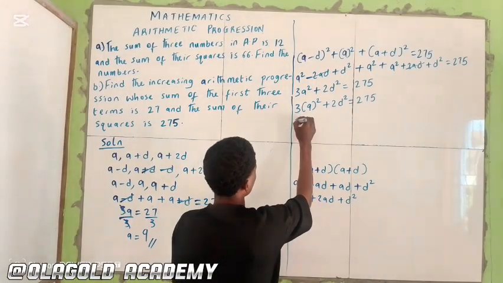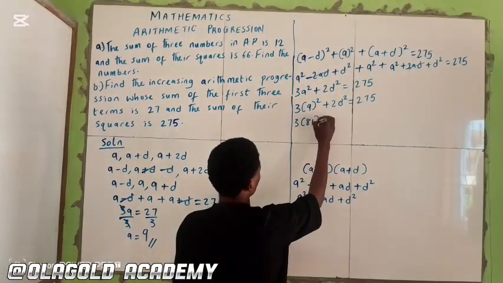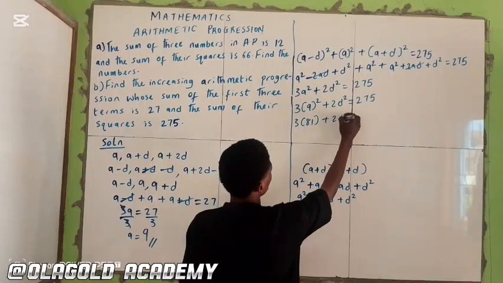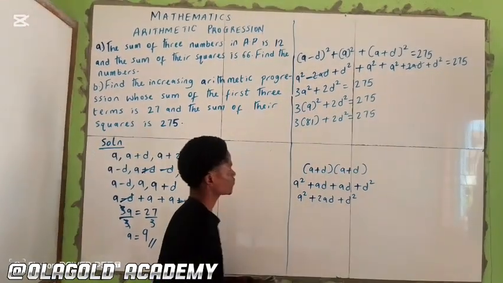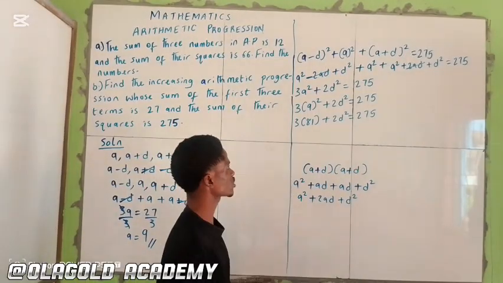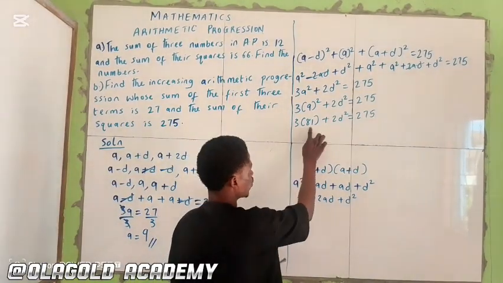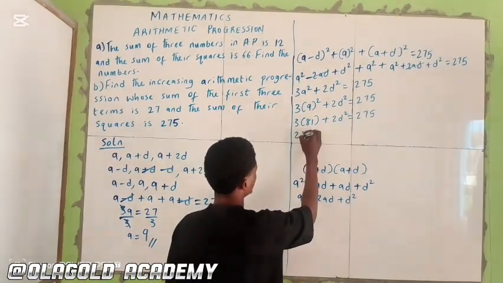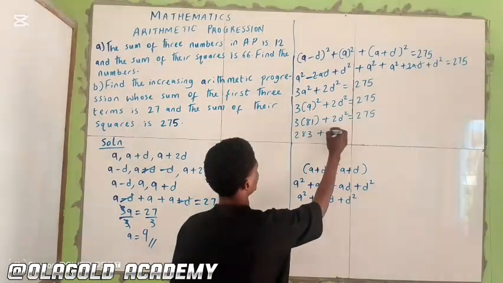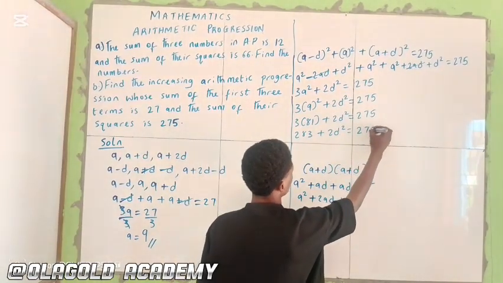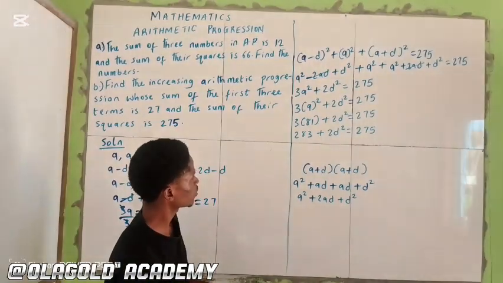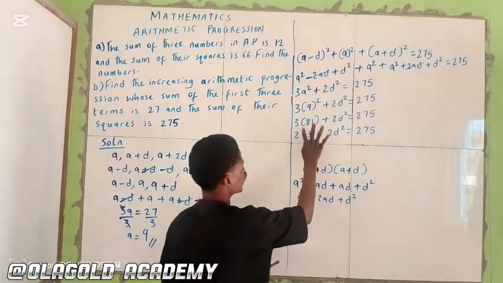So I have 3 multiplied by 81 plus 2d squared equal to 275. 3 times 81 will give me, sorry, 243.